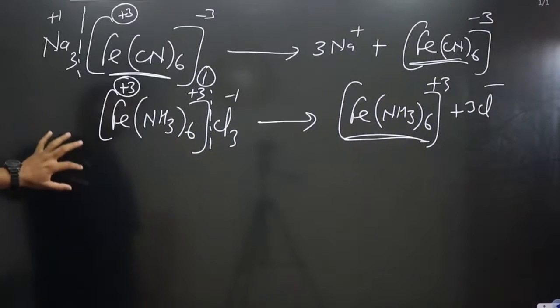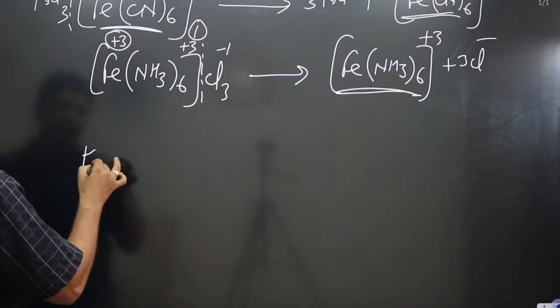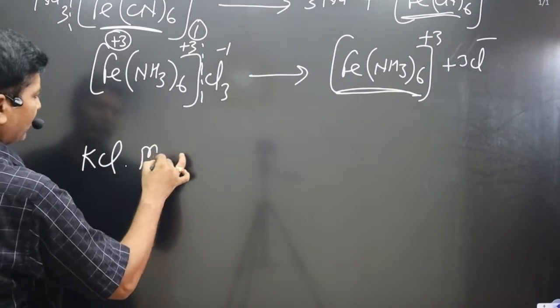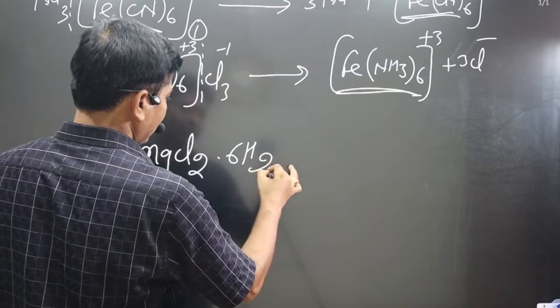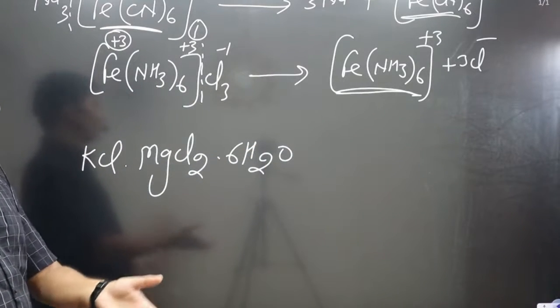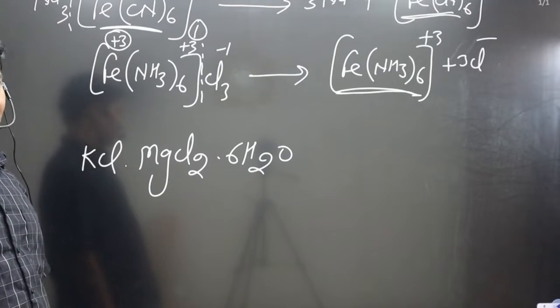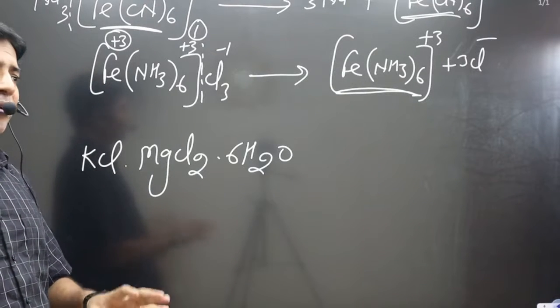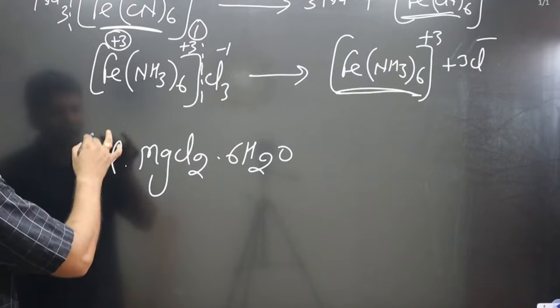But now let's see if I talk about double salt. We have one double salt, let's say KCl.MgCl2.6H2O, carnallite. It is present in the crystal form. This is also ionic, this is also ionic. In case of double salt, when they are added to the water, they will undergo complete dissociation. It will break from here also.